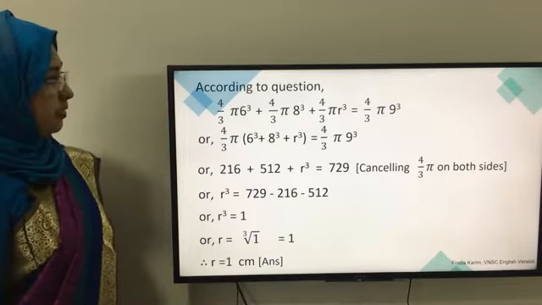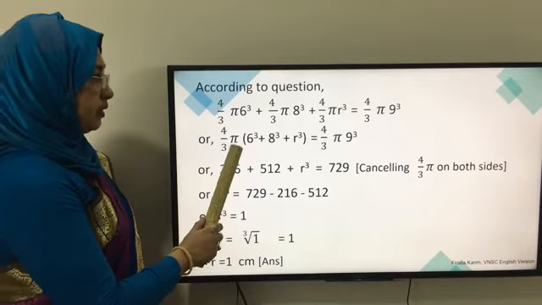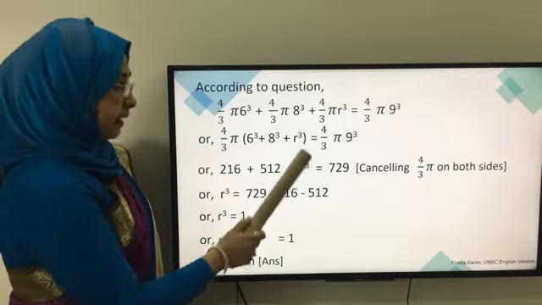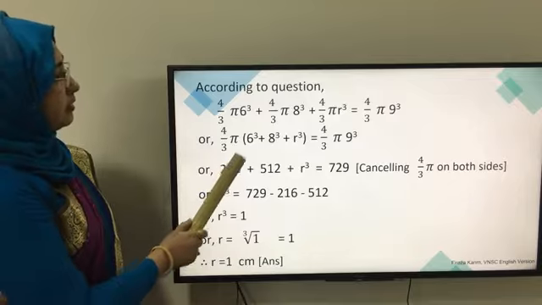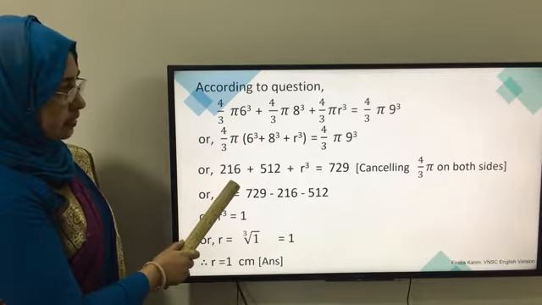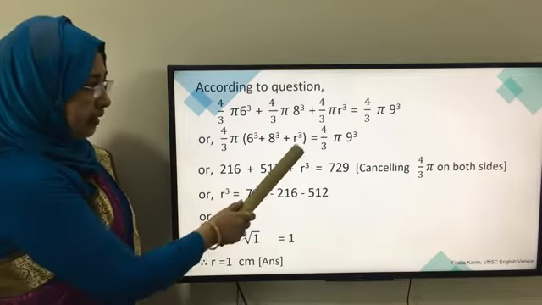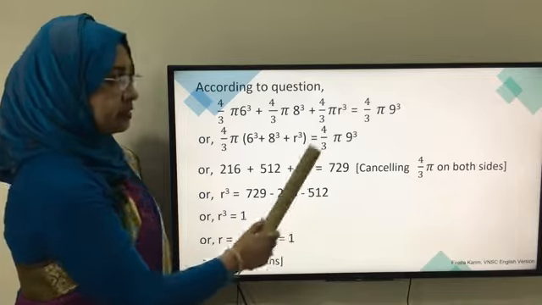Now, since 4 by 3 pi is on both sides, by cancellation of this term, we are getting 6 cubed, that is 216, 8 cubed, that is 512, and r cubed equals 9 cubed, that is 729.